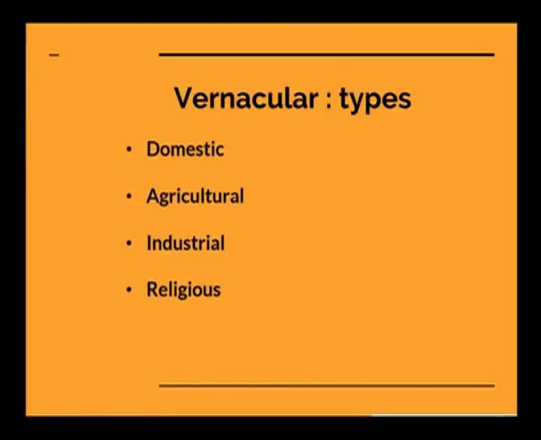Some types of vernacular architecture are domestic, agricultural, industrial and religious. So, it started with domestic, but it can't always be restricted to that. It moves on to agricultural, industrial and religious. We will talk in detail about vernacular types in the coming presentations: domestic vernacular architecture, agricultural, industrial, religious and so on.